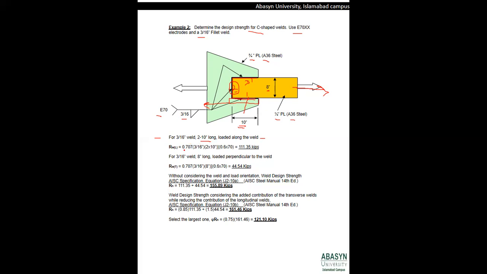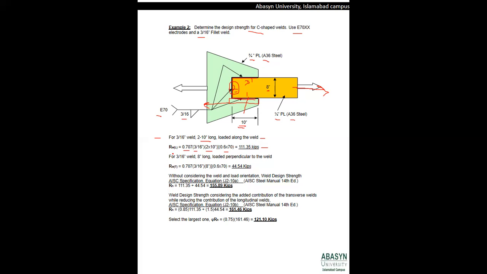So we apply the formula, and the equation comes out to be 0.707 into 3/16 inches thickness of the weld into the length of the weld, which this time becomes 2 into 10 because we have two welds of 10 inches, multiplied by 0.6 into 70 because we have a 70 electrode. Its value comes out to be 111.35 kips, and this is without the value of phi, or I would say it is the nominal strength, not the design strength of the weld.